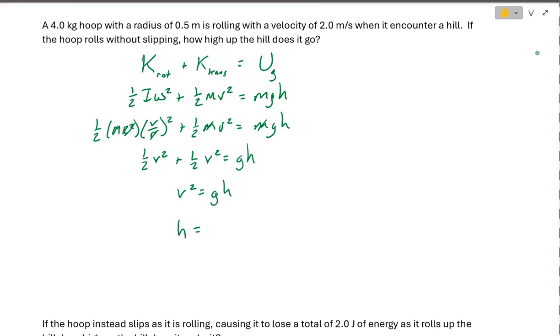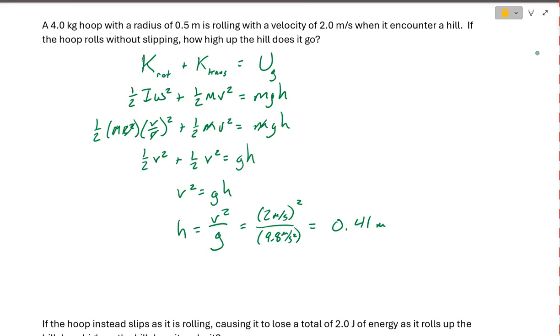But usually that's not what happens. Yeah, good. So height is v squared over g. 2 meters per second squared divided by 9.8 meters per second squared, which gives us 0.4082. So both are fine.